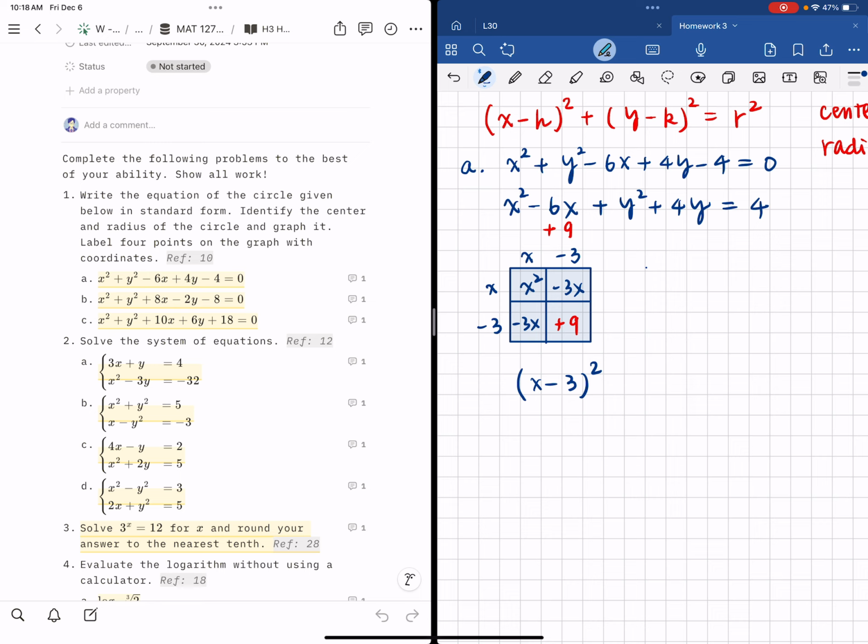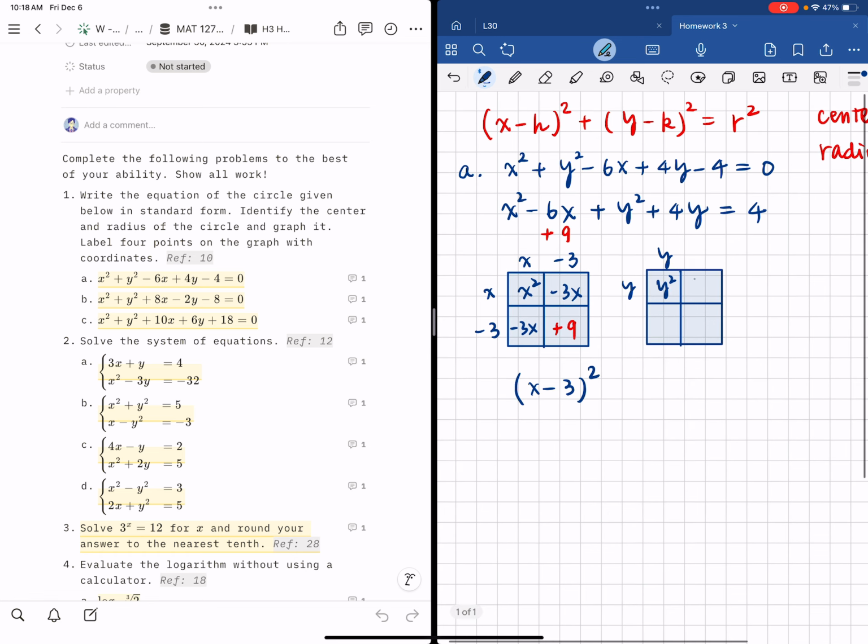Now let's do the same thing for the y's. I'm going to do a square and then divide it into 4 parts. The top left will be y squared, which means the side lengths are y and y. The second term for y, we're going to divide by 2, so you have 2y and 2y.